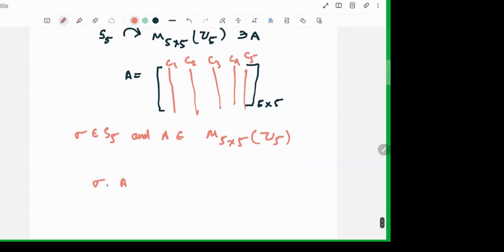Sigma dot A is basically a new matrix, let's say B, where B equals A of sigma 1, A of sigma 2, and so on, A of sigma 5.